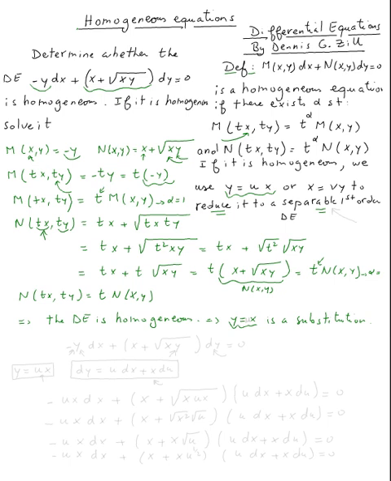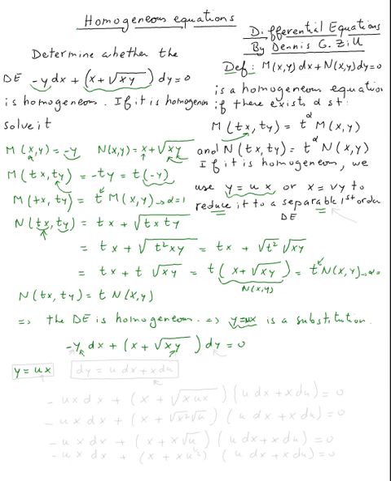So first, let's write our equation. Our equation is minus y dx plus x plus square root of xy dy equal to 0. By the way, y equals ux.